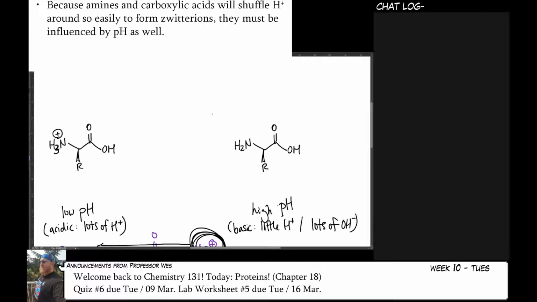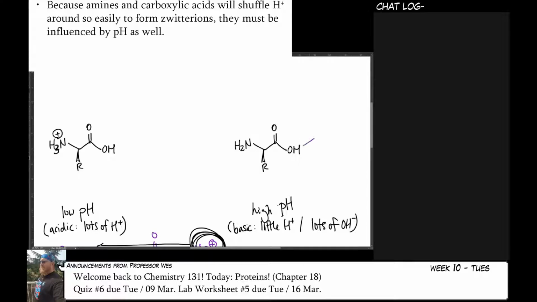Now, if there is very little H plus, then this reaction is just not going to happen, right? Because there's just no H plus around for it to occur. So the amine side of our amino acid is going to remain unprotonated. It'll just stay how it is.